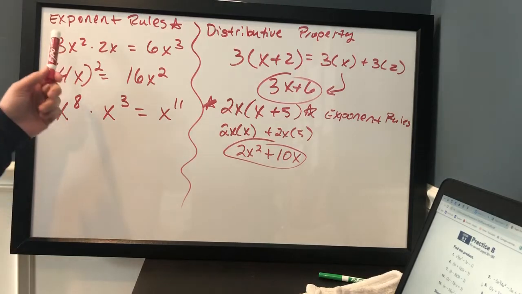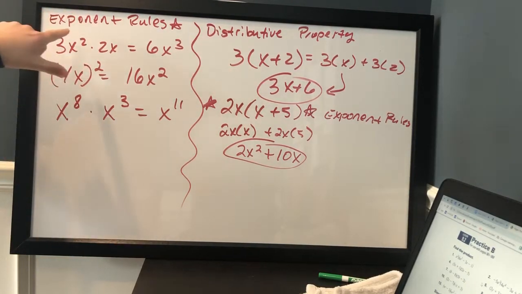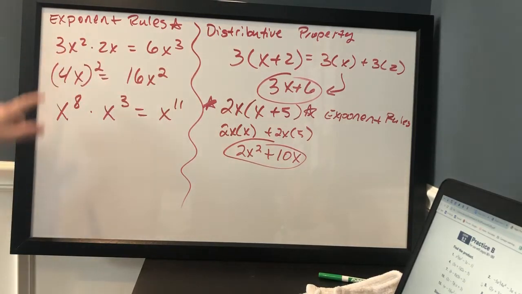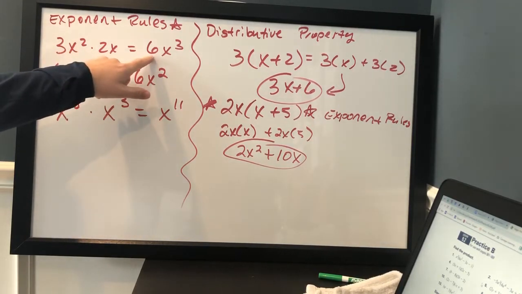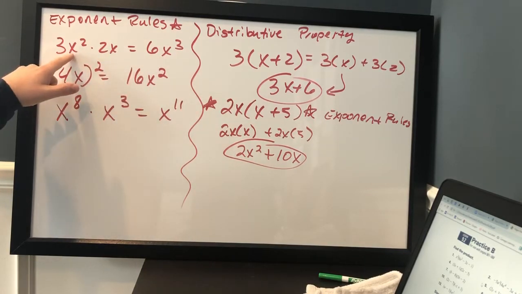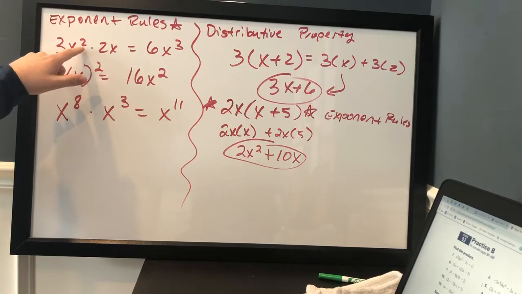All right, just a couple of quick reminders. When we're multiplying polynomials, we're going to have to use our exponent rules. So remember, when you have a monomial with a coefficient like this, 3 and 2, the rule is you have to multiply those to get 6. And then when we multiply similar bases, x and x, we take the exponents and we add them.